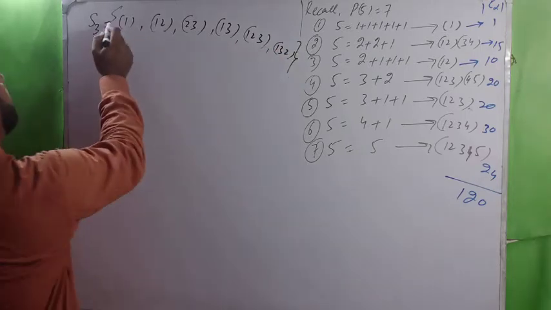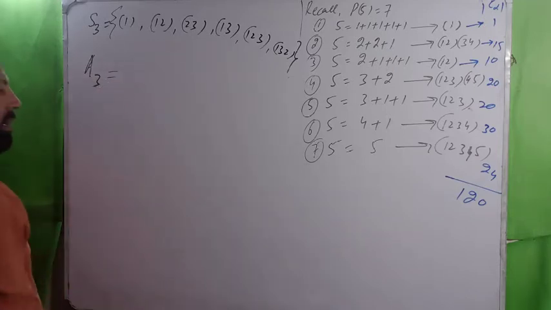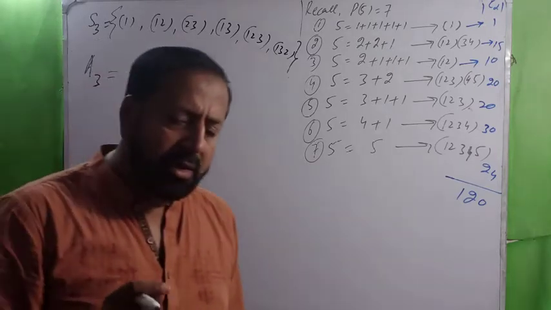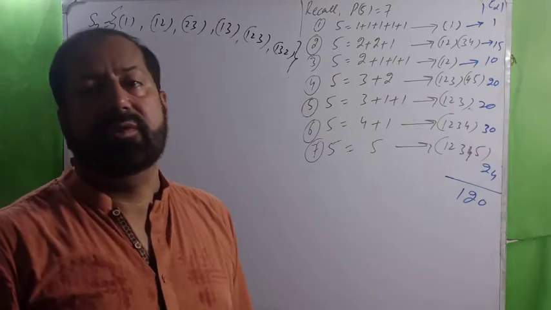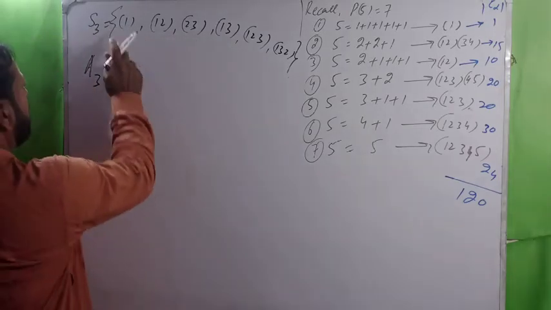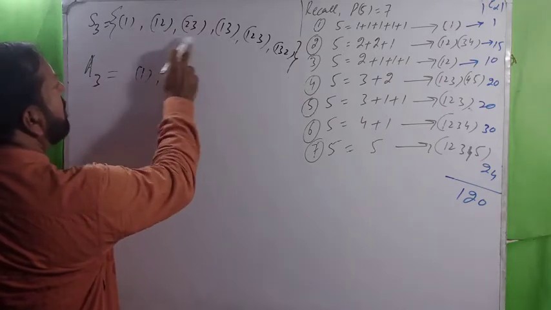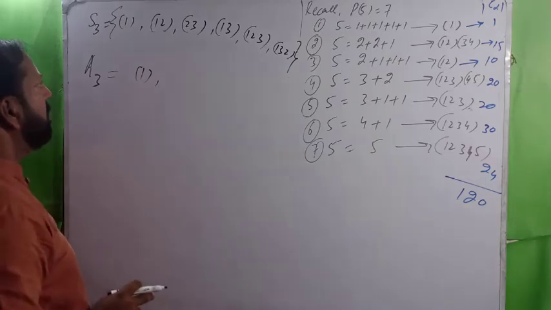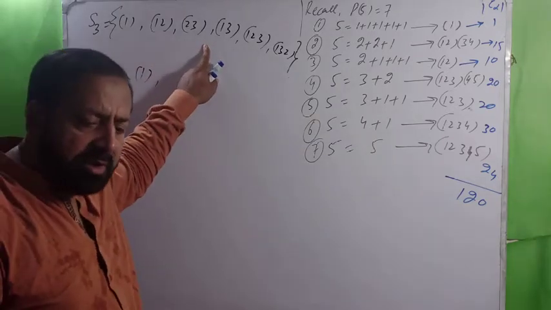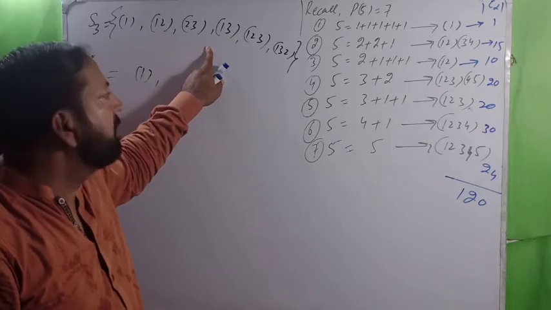Okay. So you know A3, of course, contains even permutations. So here 1, and then these are the odd permutations. None of the transpositions can be written in A_n. So you are free.